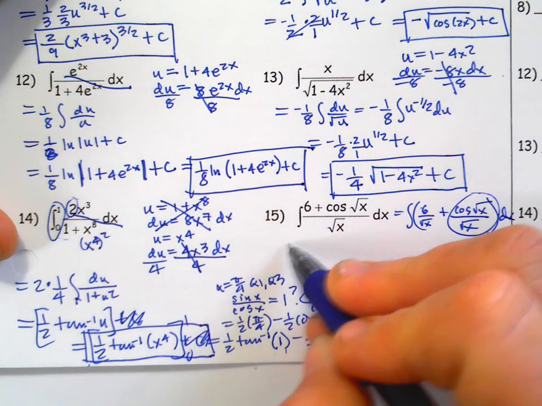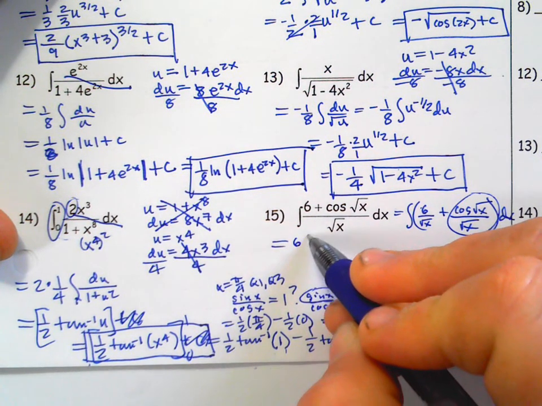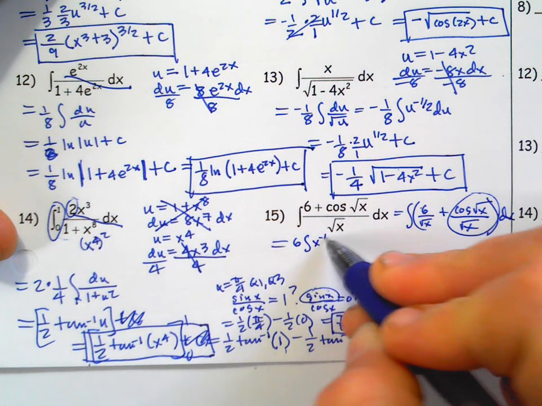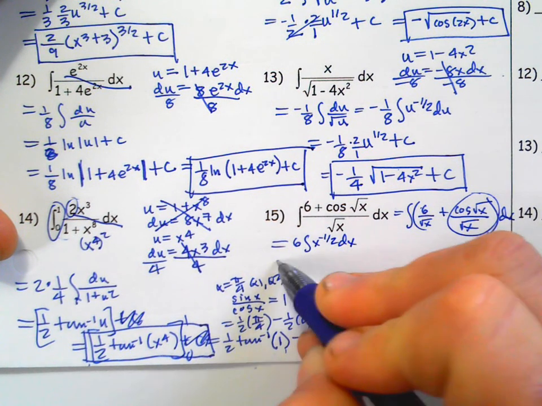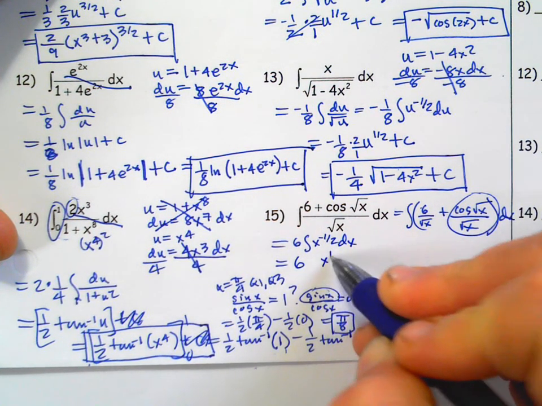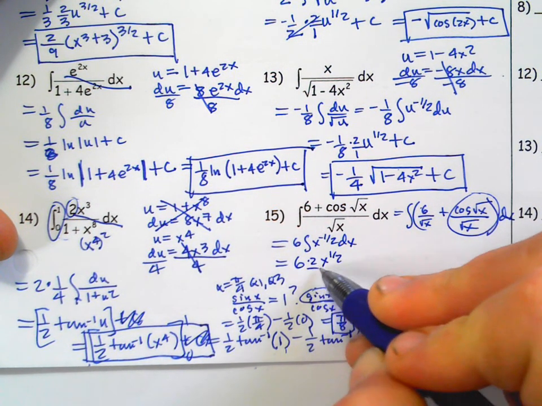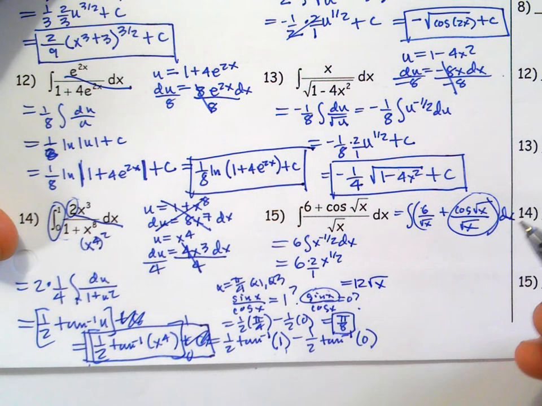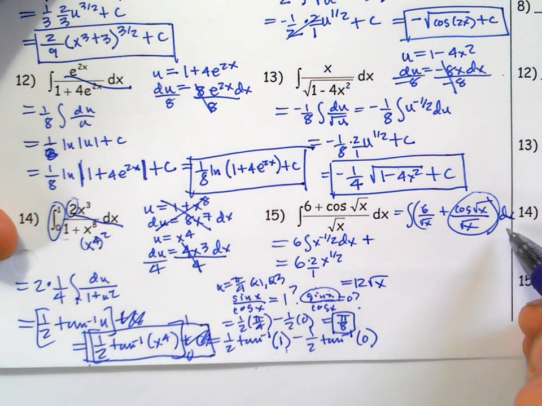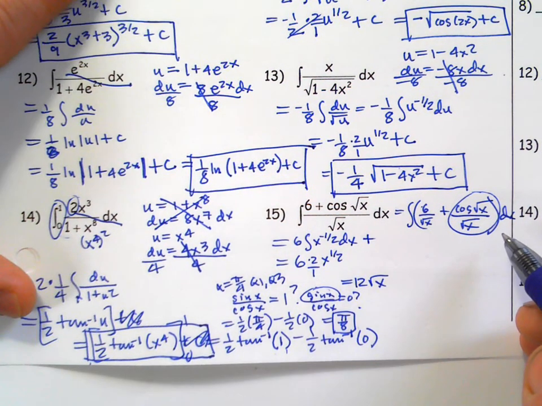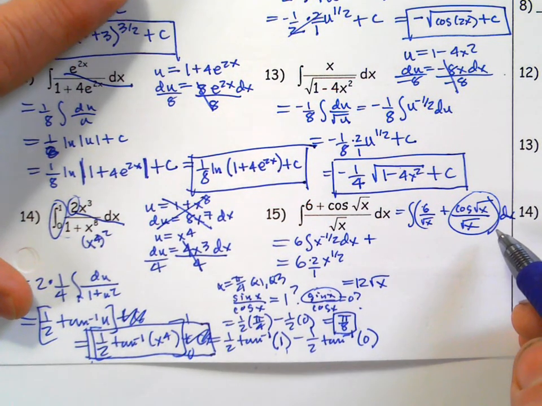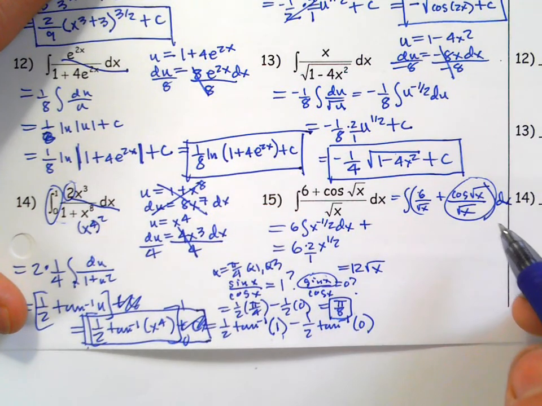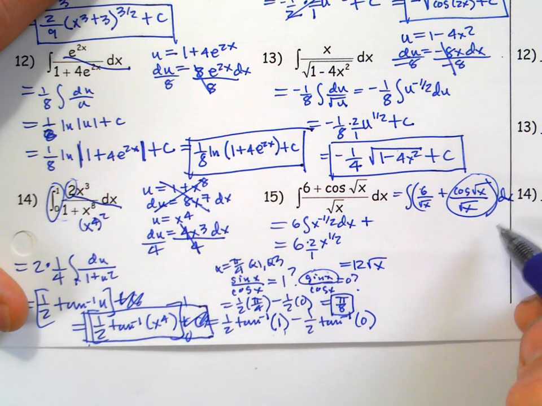This guy, we should just integrate on its own. It's a simple power rule. This one, though, we're going to need to use U-substitution. So just because you need U-substitution for one term, don't force yourself to apply it to all the terms, because that's generally a lot harder to do and people really mess it up.